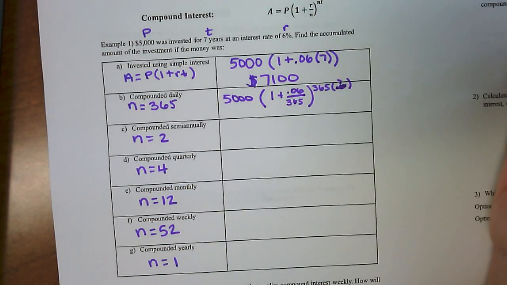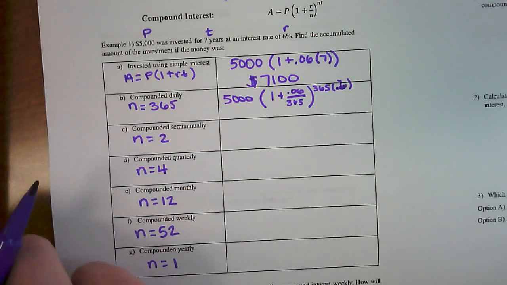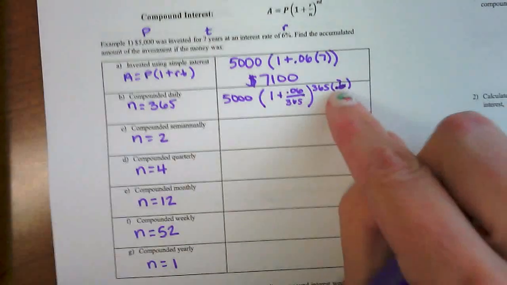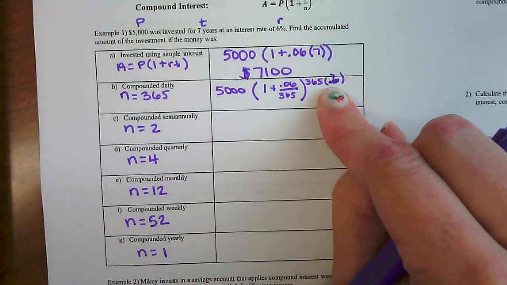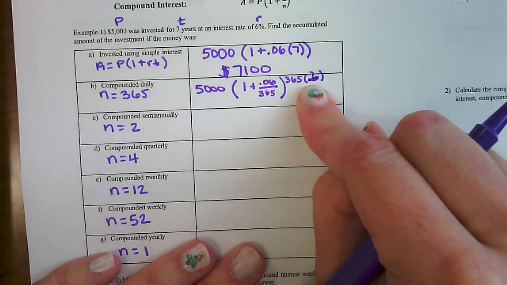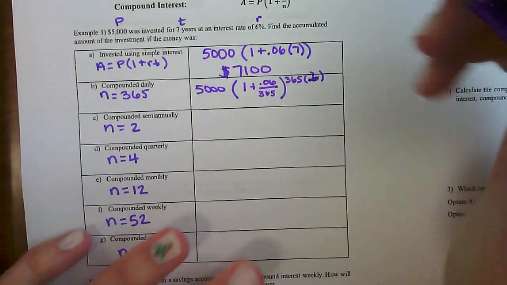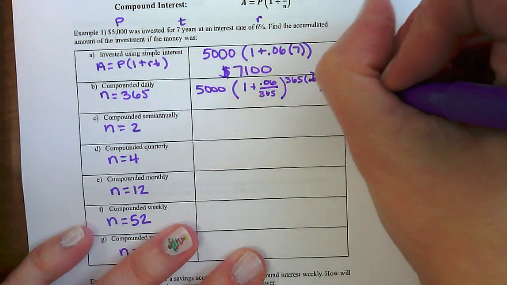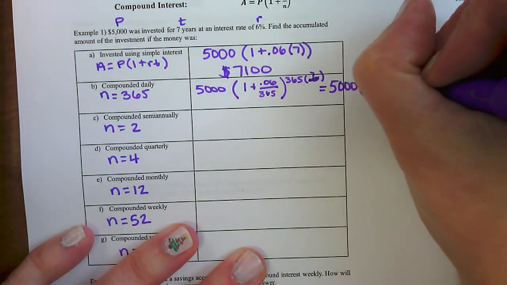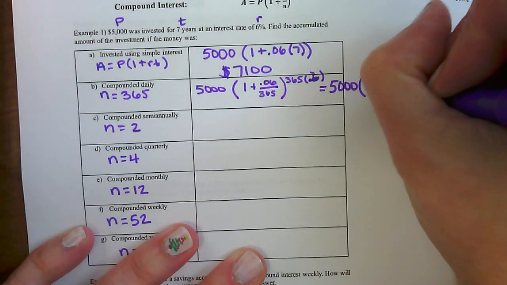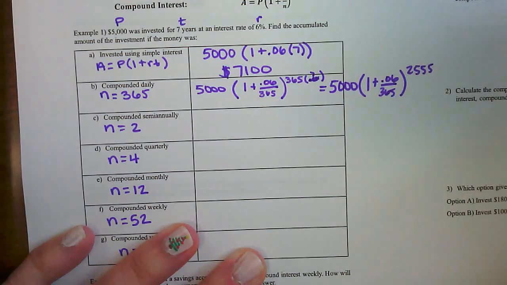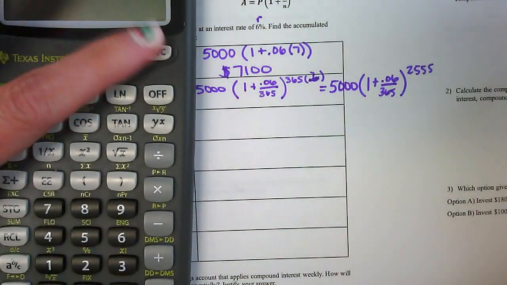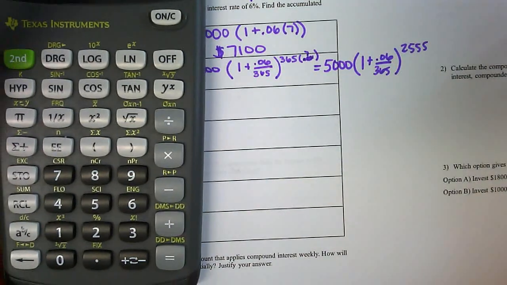So some advice, I would recommend taking care of this exponent first and figuring out what number that is. So that exponent is actually going to be 2,555. I know that's a lot. So my advice is rewrite this problem with your new exponent.